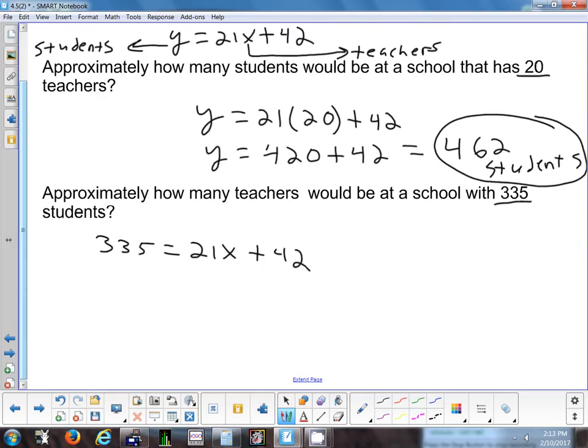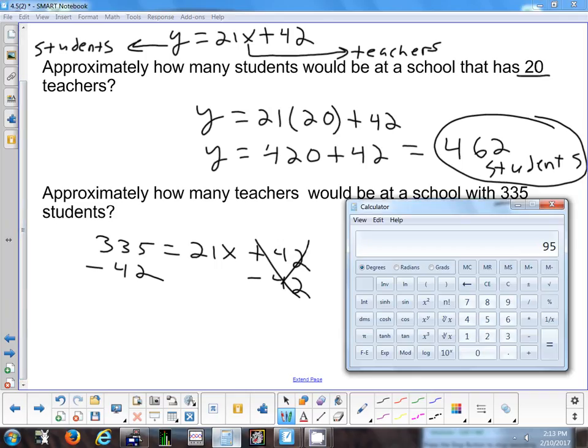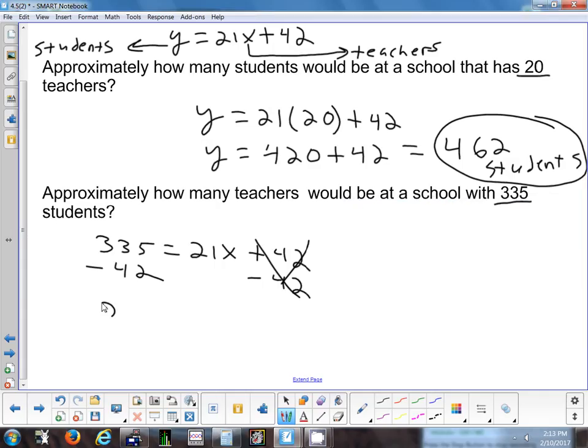You would minus 42. Yep, perfect. I'm going to minus 42. So I need 335 minus 42. So that's 293. And what's my last step? Divide by 21.